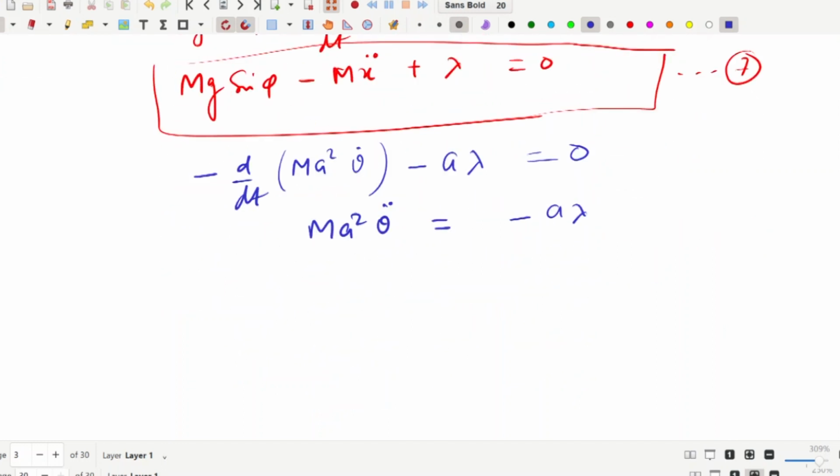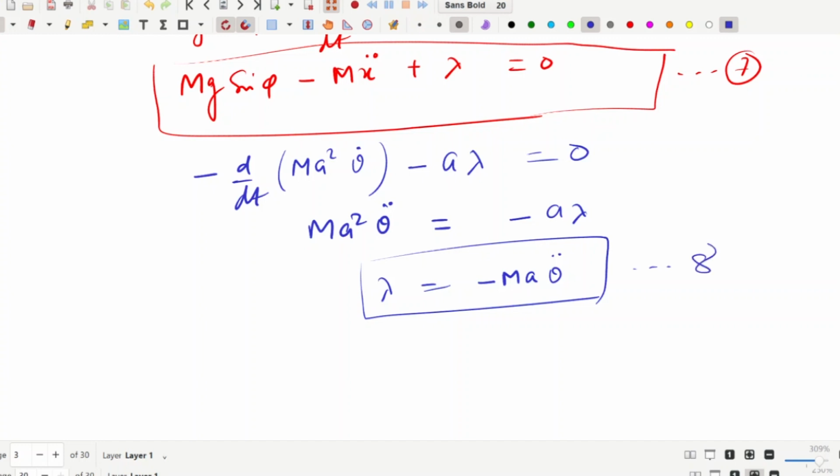Okay. So, we can write lambda equal to minus m a theta double dot, since a gets cancelled from both sides. Let us consider this as equation 8. Okay. So now we need to find the acceleration along the inclined surface, x double dot.